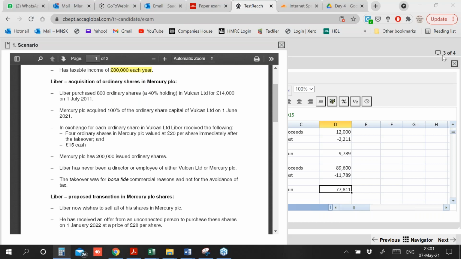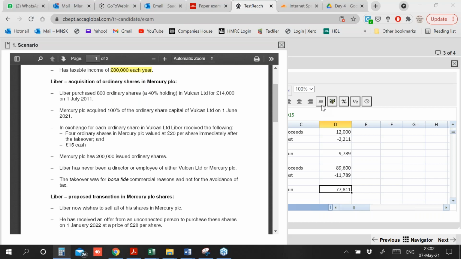That doesn't matter. I have tried to explain as slowly as I can about the takeover because it is a pretty confusing topic. I hope you guys have now understood why we do the calculation in such a way.